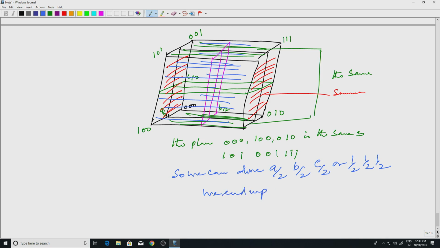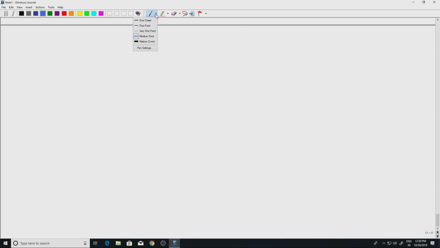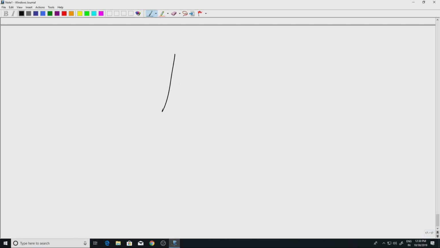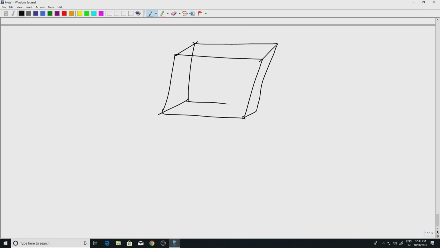We end up in 1/8 of the volume. So when we draw that 1/8, 0 0 0, half 0 0, 0 half 0.